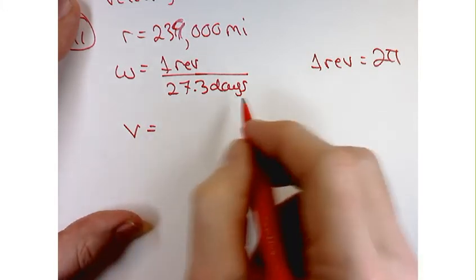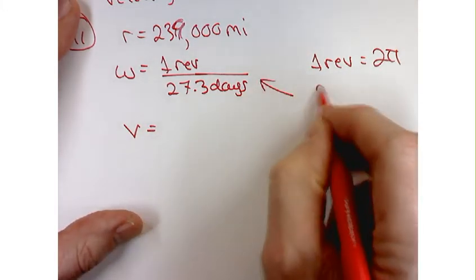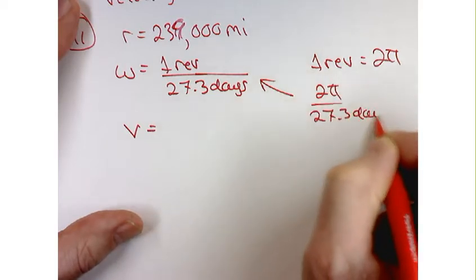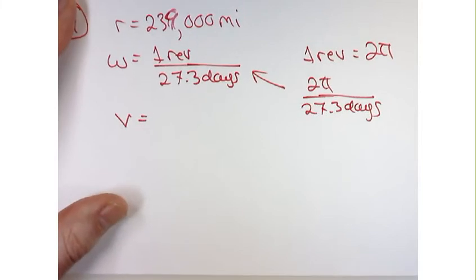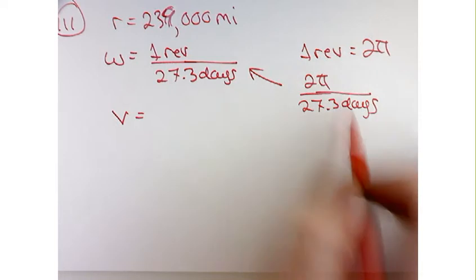So I can write that as 2 pi per 27.3 days. That's kind of nice. So we didn't have to do a whole lot of work there to write that in radians per unit time. Well, that's pretty good.